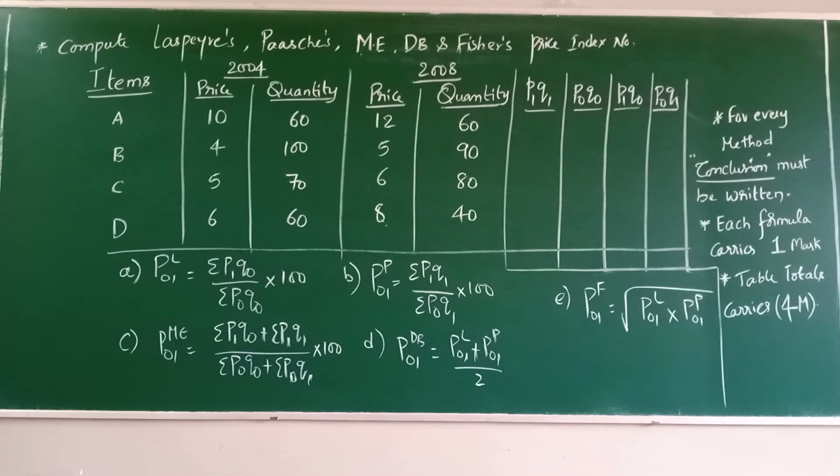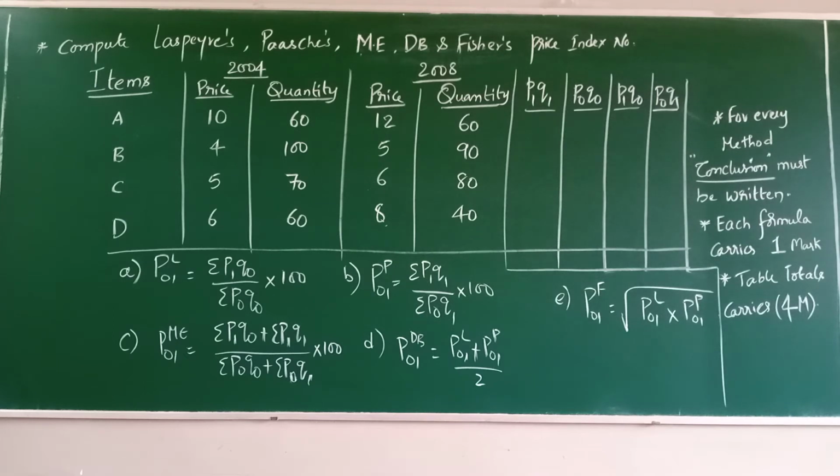Look at it now. After taking the notations P0 Q0 and P1 Q1, what do we have to calculate first? As you all know, according to the weighted aggregative methods, these four columns, P1 Q0, P0 Q0, P1 Q1, P0 Q1, are required, with totals in the table.